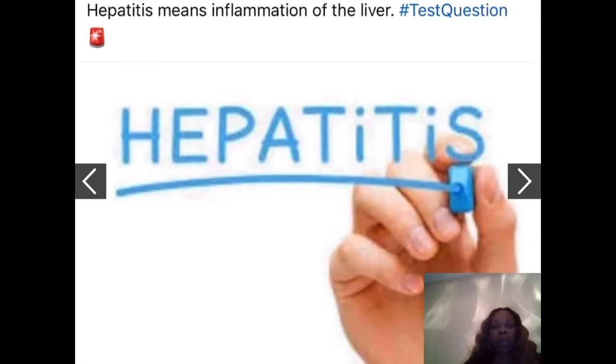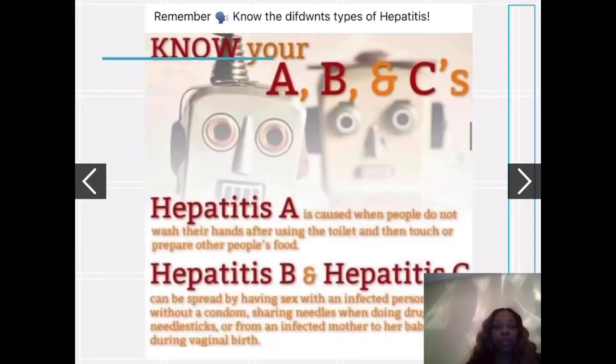Hepatitis means inflammation of the liver. That's a test question. You need to know that hepatitis is inflammation of the liver. There are several different types of hepatitis, but we're focused on three. Hepatitis A is caused when people do not wash their hands after using a toilet and then they touch or prepare someone else's food.